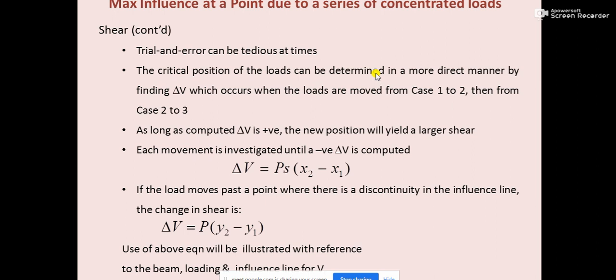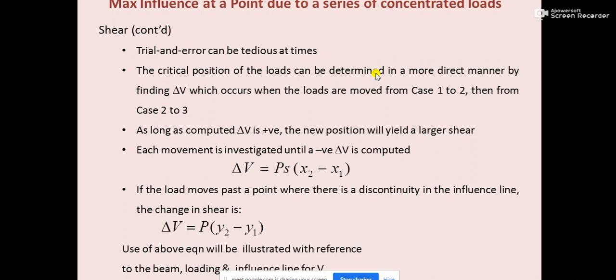And that change in shear force will give you some indication. What indication will it give? Suppose the change in shear force from position 1 to position 2 gives a value with a positive sign.